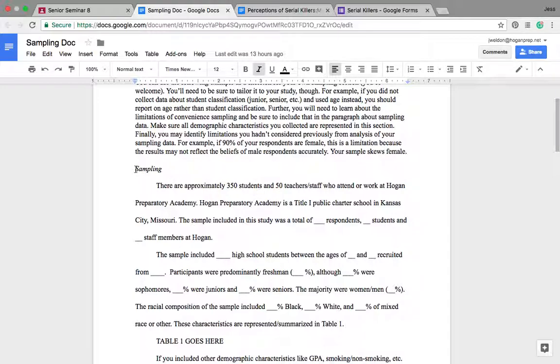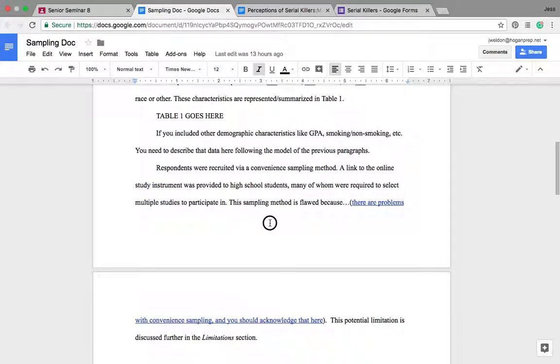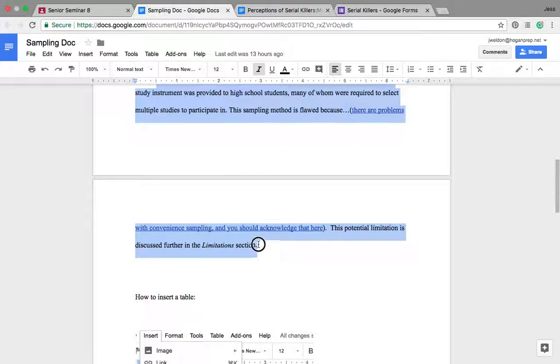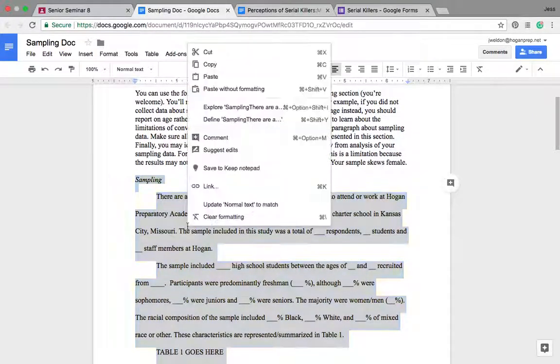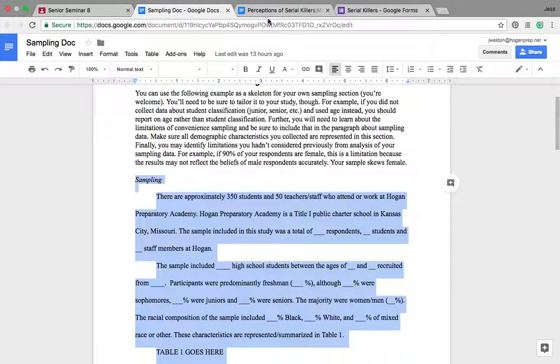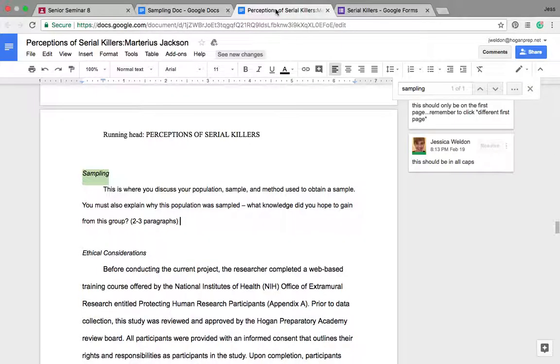So what you want to do now is highlight the whole thing all the way down to where it says the limitations section. Get this whole paragraph and copy it, and now you're going to go into your own document and paste it.